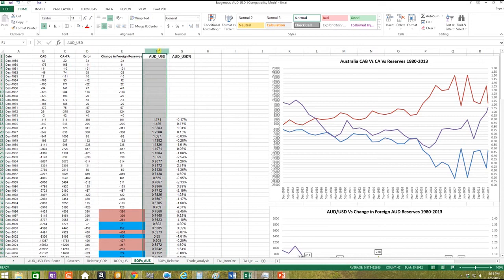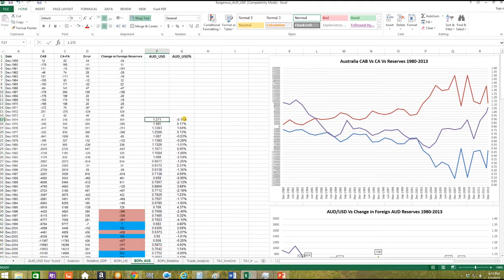What we also have here is the annual percentage change in the Aussie dollar US dollar exchange rate, going back to 1974. You can see we're looking at obviously a very long time frame in trading terms. We're looking at essentially one year volatility.